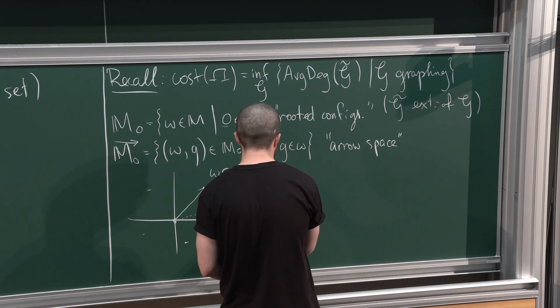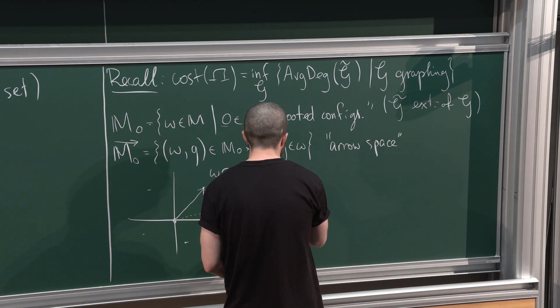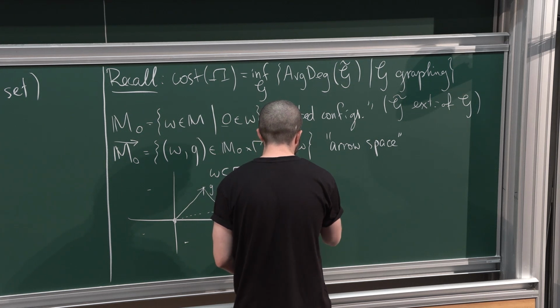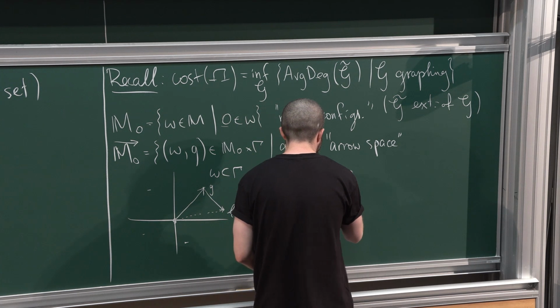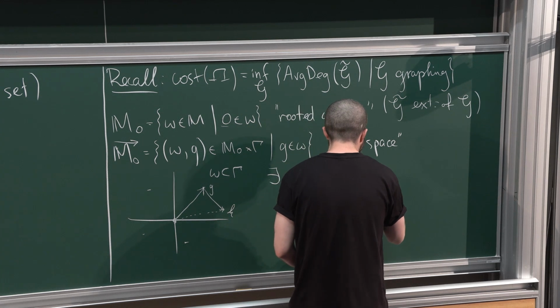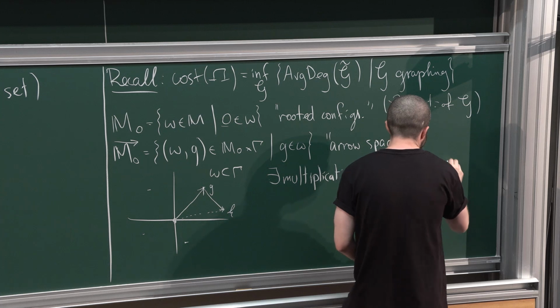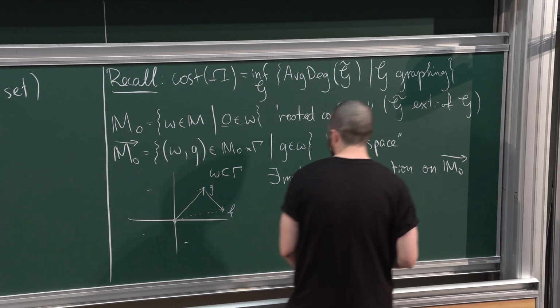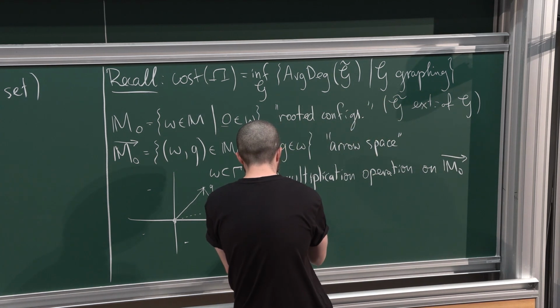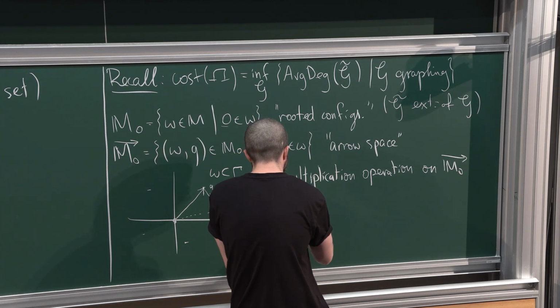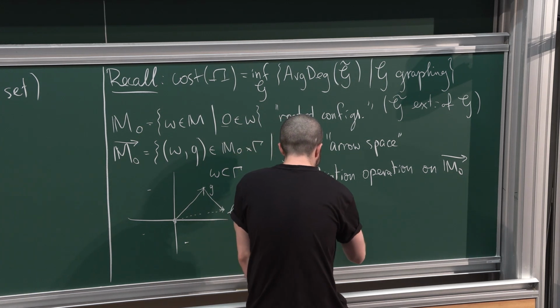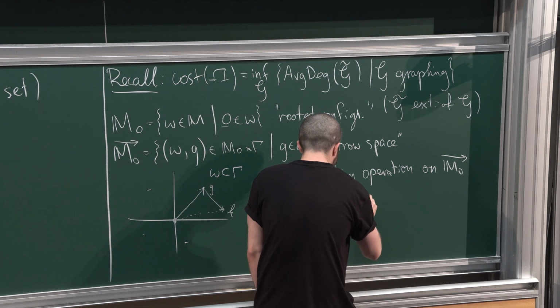So there is a multiplication operation on this space of arrows. And the bummer is that it's only partially defined. That's what makes it a groupoid, right? A groupoid, you can think of it two different ways.